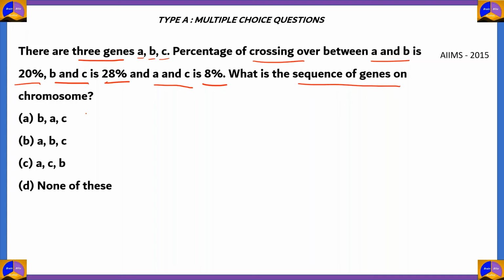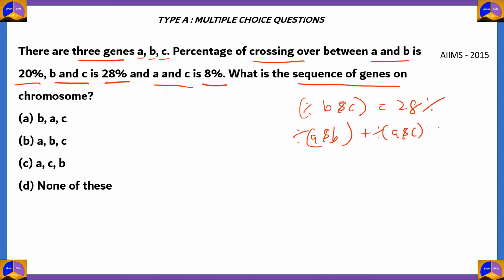Now, if you remember, the percentage of crossing over of B and C is 28%. And when you add the percentage of crossing over of A and B and A and C, you will get 20% plus 8%, that is equal to 28%.